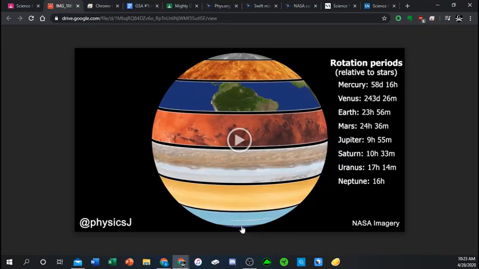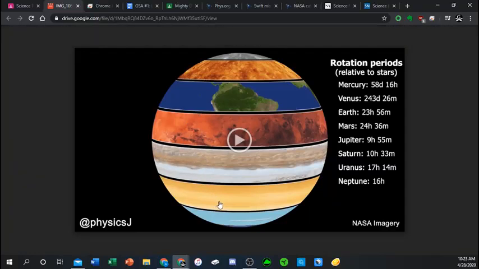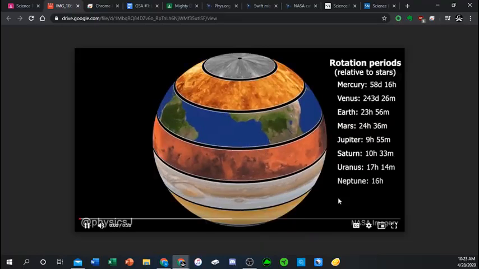Neptune's kind of cut off, all right? But we have Mercury, Venus, Earth, Mars, Jupiter, Saturn, Uranus, and then Neptune at the South Pole. This is not an actual picture. This is not an exoplanet. This is not anything that you're going to use as a source. Other than that, it just shows you, comparison-wise, the speed of rotation for each of these planets.